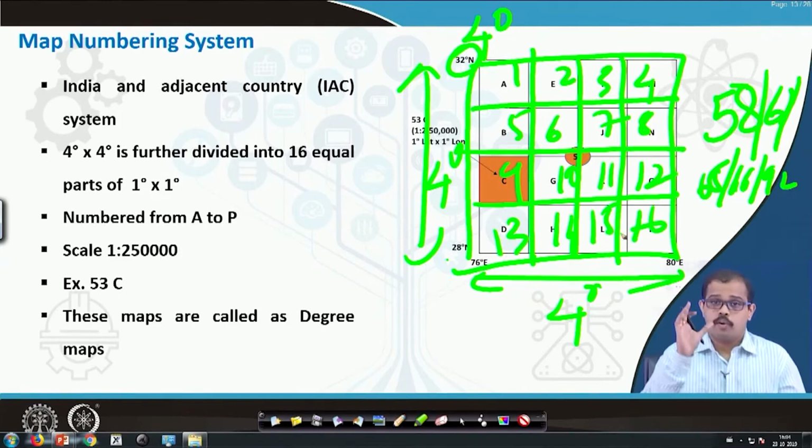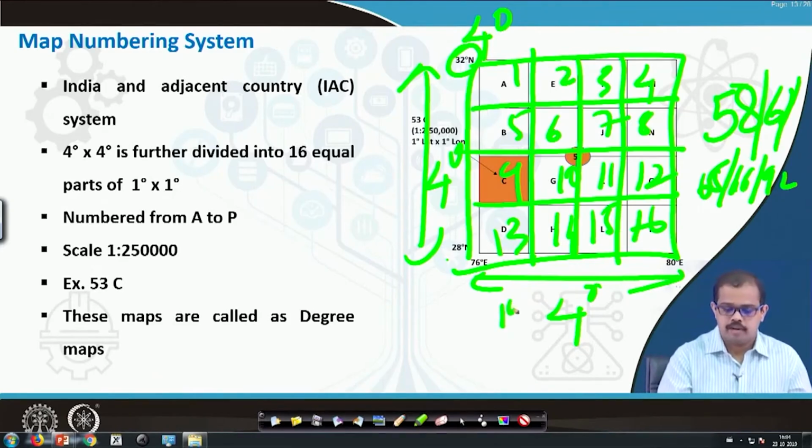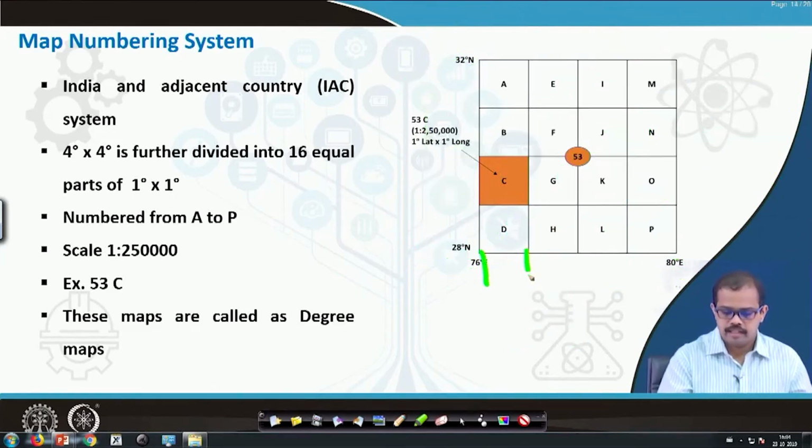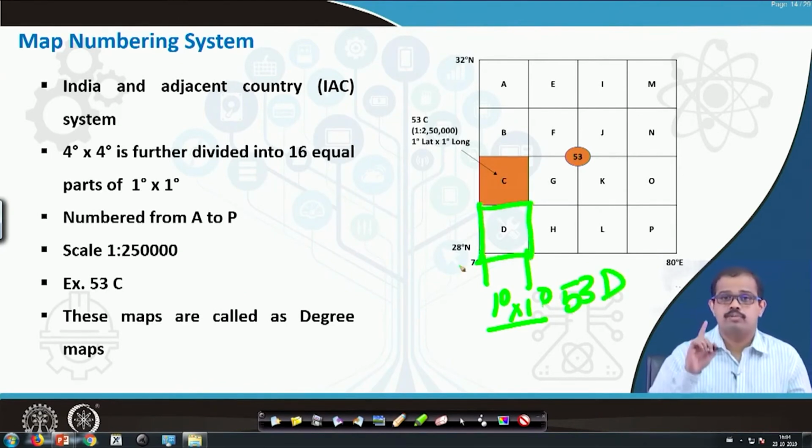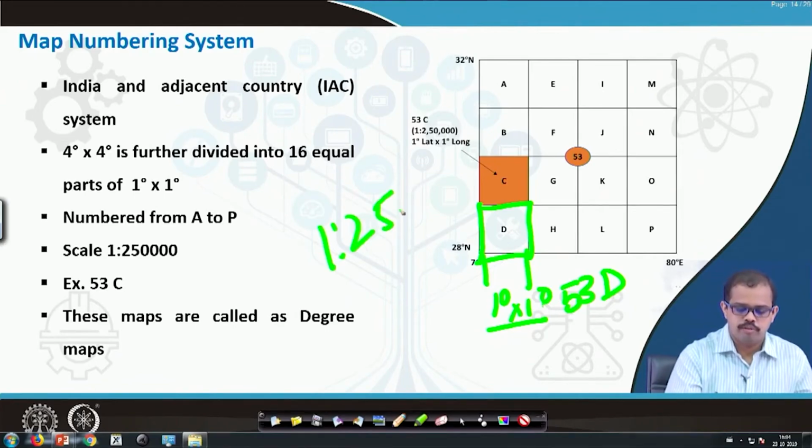If I divide the 1:1 million map that has 4 degree by 4 degree into 16 cells, each cell is 1 degree by 1 degree. Now if I say 53D, it is representing this particular map in 1:1 million, and the scale of this map is 1:250,000 scale.